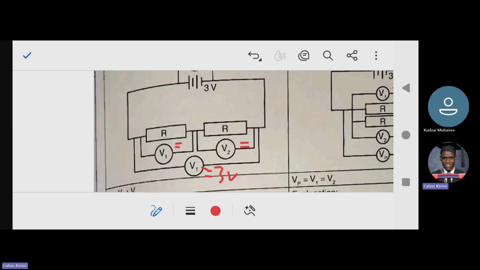Why? What is the reason? That one you can use to calculate and justify, but what is important is just to know that if you said V2, how many volts is V2?